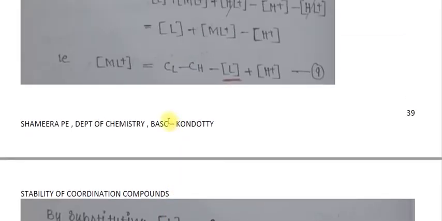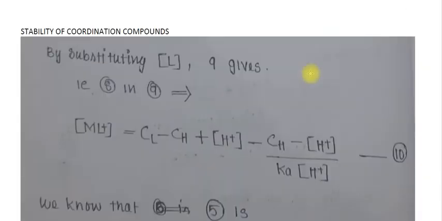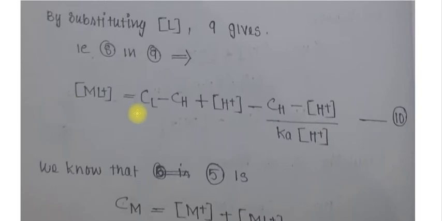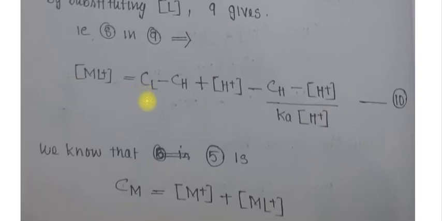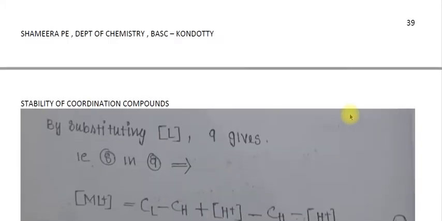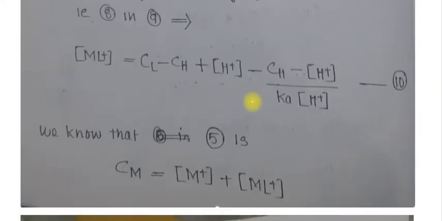That means concentration of Ml plus will be equal to Cl minus CH plus concentration of H plus minus, this is the value of concentration of L that is given here, CH minus concentration of H plus divided by Ka into concentration of H plus. And this equation is given as equation number 10.